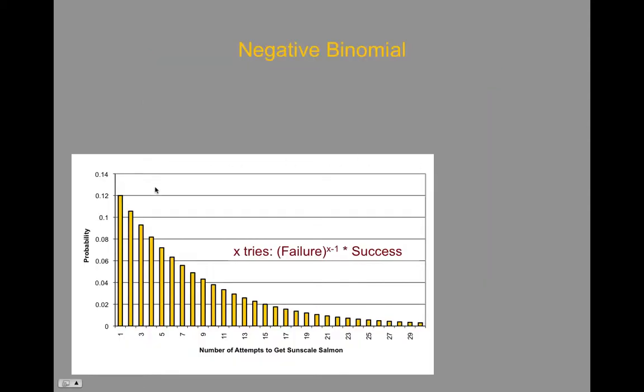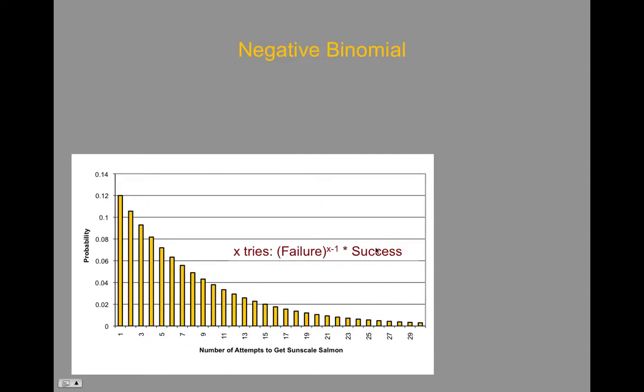Okay, so this is the general graph of the negative binomial with one success, and the general equation is failure raised to the power of x minus 1, where x is the number of tries, times success. On your x-axis is the number of attempts to get the sun-scale salmon, and on the y-axis is the probability.